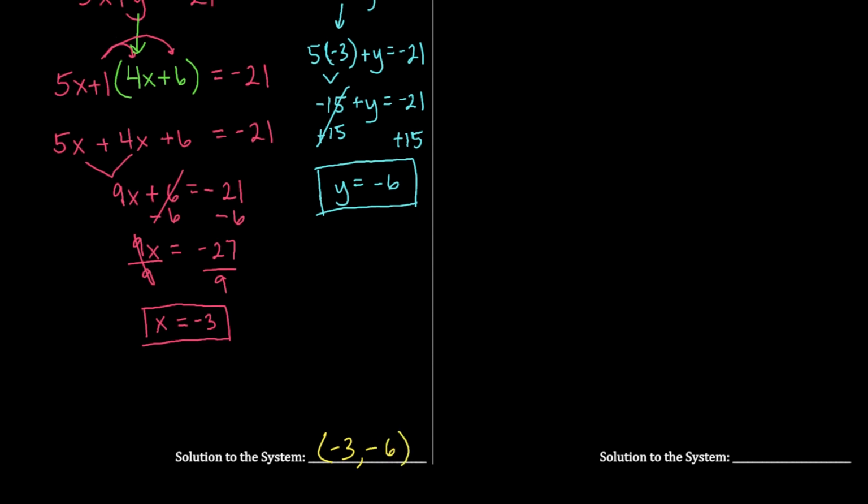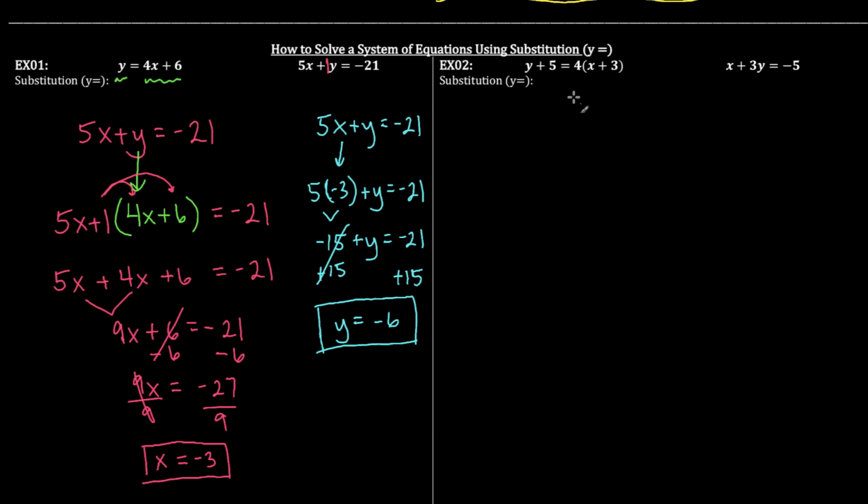Now let's go ahead and do it again. So we have this equation y plus 5 equals 4 times x plus 3, and x plus 3y equals negative 5. Now, neither one of these says something like y equals. Like this one says y equals, so we put that over here. But neither of these say y equals.